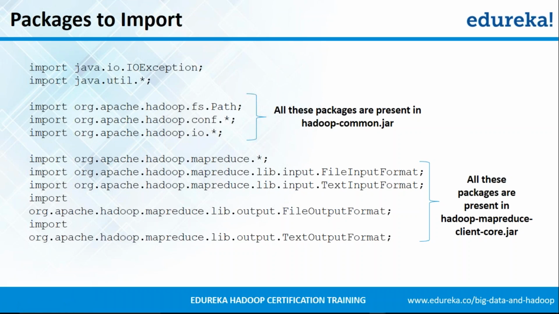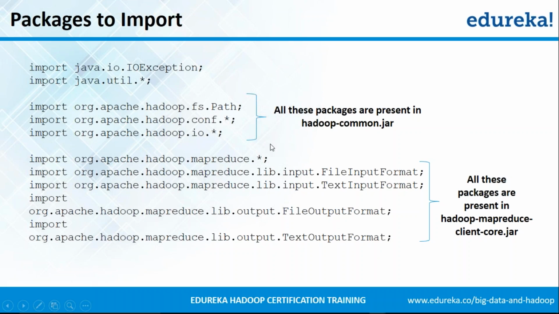Now all these packages are required. For example, input output is required for taking the input and giving out the output. So there are certain classes for that which need to be used in the MapReduce program. Similarly, hadoop.conf defines the configuration of your Hadoop job. So fs.path enables you to access a path that is present in Hadoop file system, as well as create certain directories in the Hadoop file system or read from that, right?